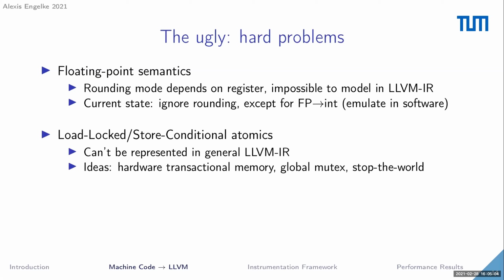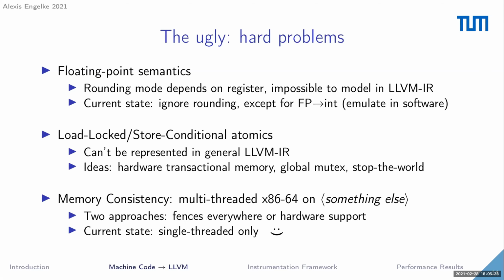The other two things are load-store conditional atomics, which we typically find with RISC architectures like ARM or RISC-V. This can't be represented in LLVM IR. Ideas are to use hardware transactional memory, but I will not go into details here. The other issue is memory consistency.